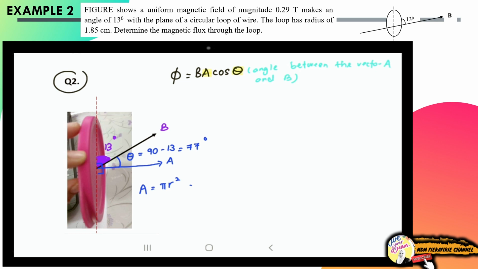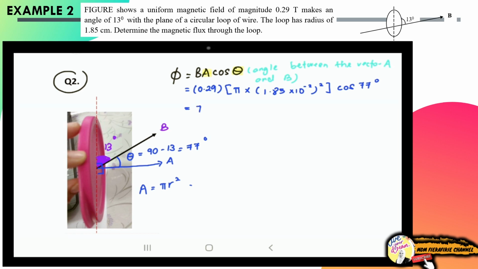Also read the question carefully to see whether it gives radius or diameter. Substitute the magnetic field 0.29, and the area pi times 1.85 cm squared, times cos 77 degree. Make sure your calculator is in degree mode, not in radian mode.